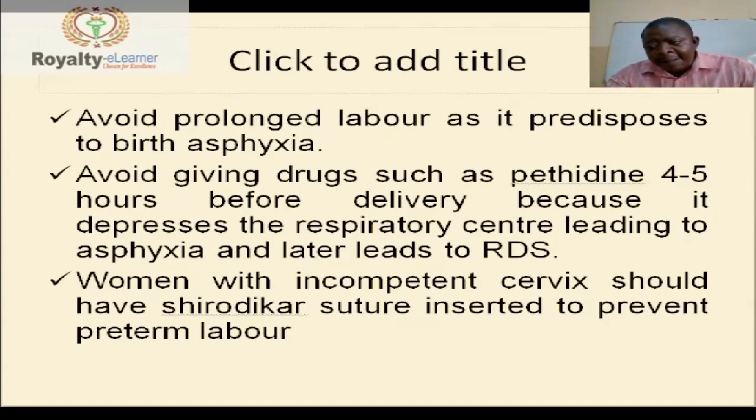Hence, because it's going to cross the placenta, it affects the baby, and the baby becomes a little bit drowsy, so the baby will forget to breathe. So women with the incompetent cervix should have Shirodkar suture inserted to prevent preterm labor or going in labor early.